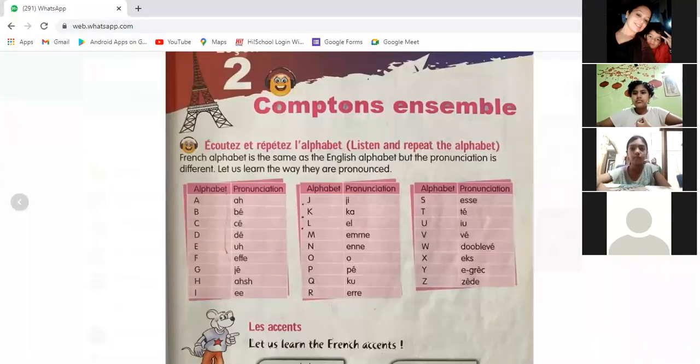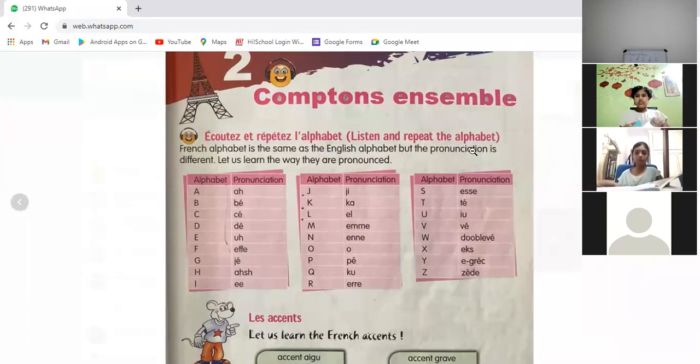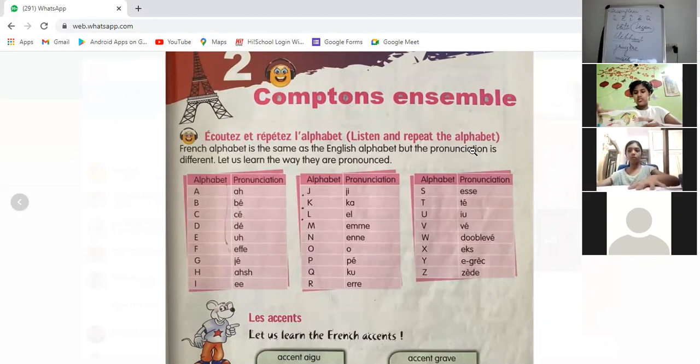Can you all see it? Yes, ma'am. Now, write down the name of the chapter. What is the chapter's name? It's Comptons Ensemble. What does it mean?